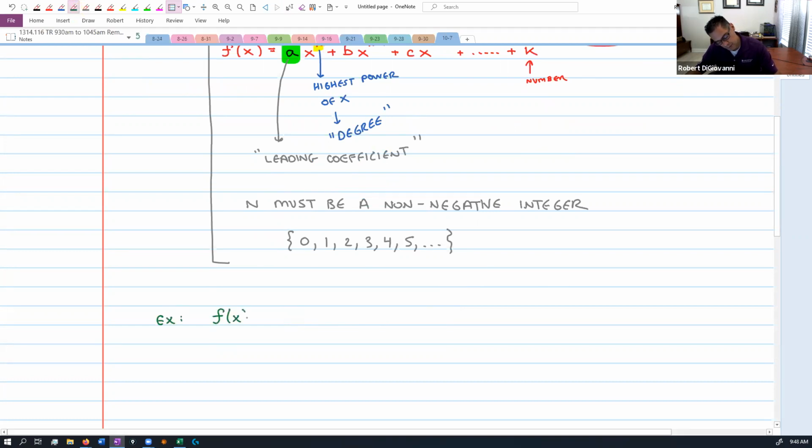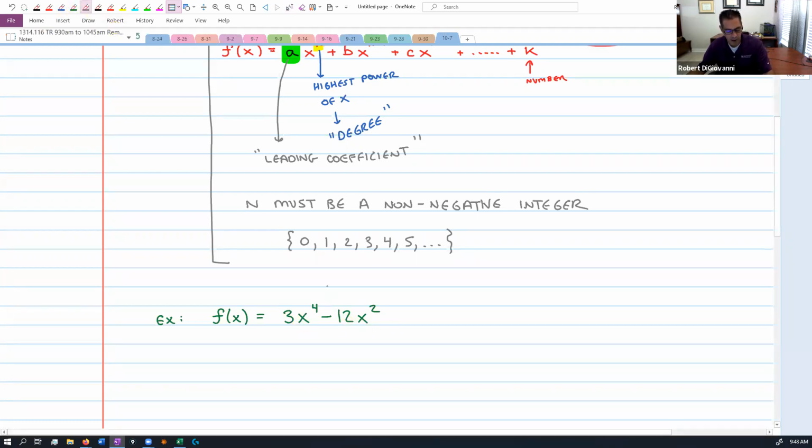F of x equals, let's go with 3x to the 4th minus 12x squared. Okay, this is a polynomial function. The reason it's a polynomial function is because I see two terms, right?